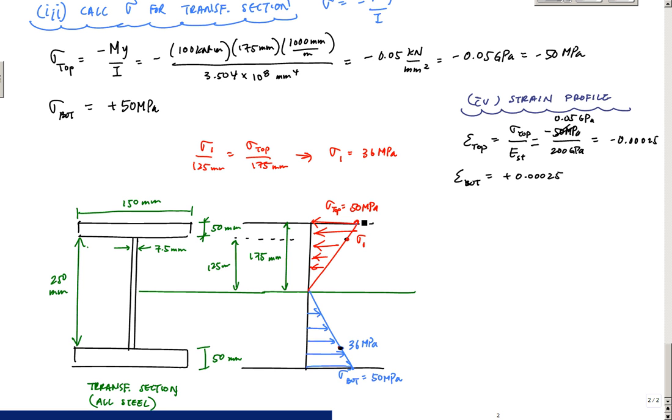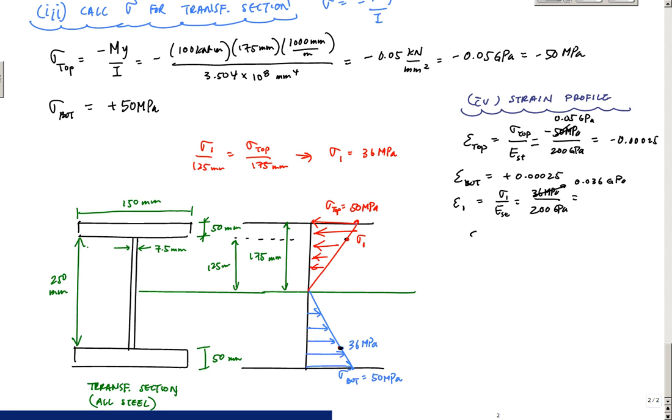And the strain right here, where the material transitions between steel and wood, is just sigma 1 divided by E steel, which in this case is 36 MPa divided by 200 GPa, the same as 0.036 GPa, in case you were wondering.